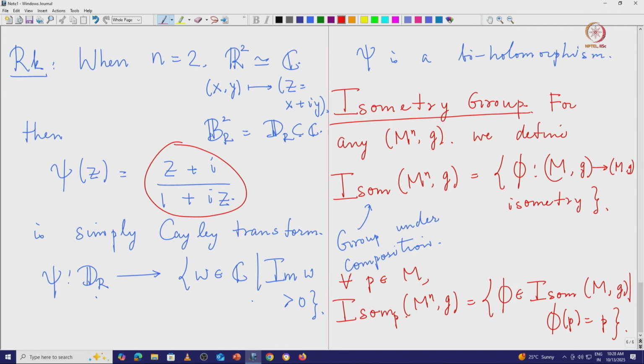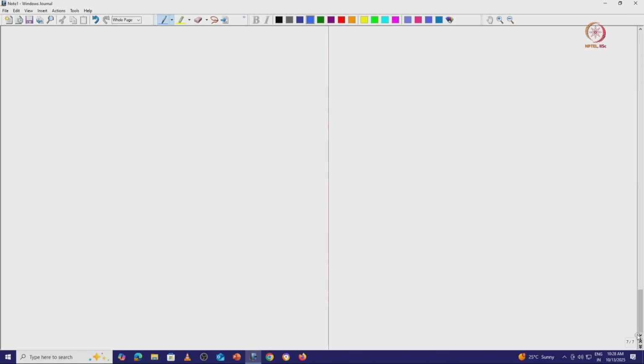So this is called the isotropy group at p. So in general that could just consist of the identity element, right? But in general it might also be some larger subgroup of the isometry group.